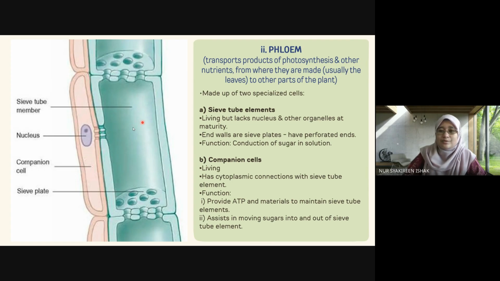Because the sieve tube elements don't have many organelles, no nucleus and no important organelles to let the cell survive by itself, they have to depend on the companion cells. They assist in moving sugar into and out of the sieve tube elements.